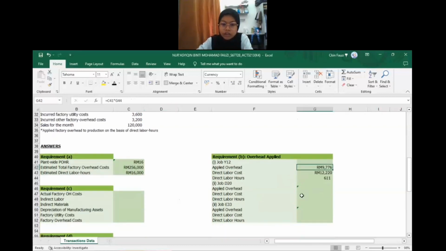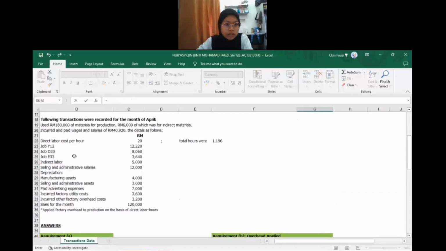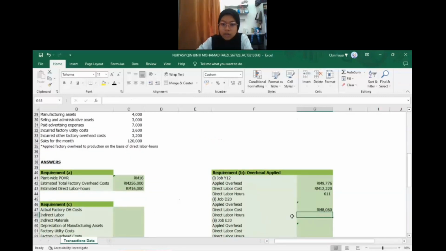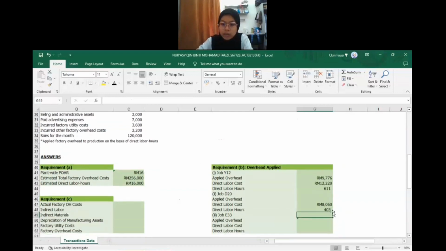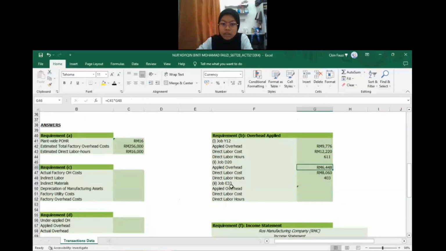So we get 9,776 ringgit. For job D20, take the direct labor cost in the question, 8,060 ringgit, and find the direct labor hours. 8,060 ringgit, divide by 20 ringgit cost per hour, and we get 403 hours. Find applied overhead for job D20, 60 ringgit times 403 hours, so we get 6,448 ringgit. Last, job E33.